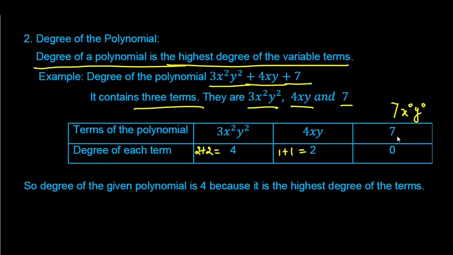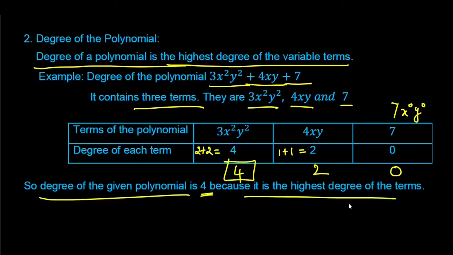The degree of the constant term is 0. Here the degrees are 4, 2, and 0. Out of these degrees, 4 is the highest degree. So 4 is called the degree of the polynomial, because it is the highest degree of the terms.